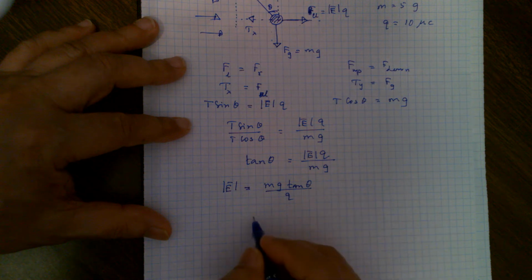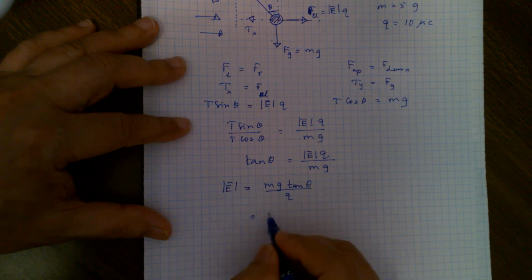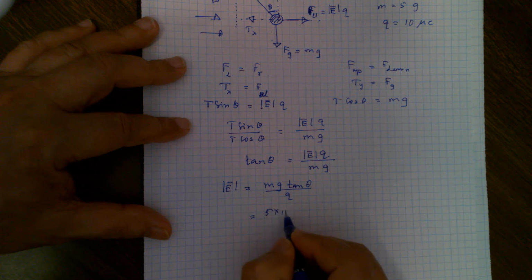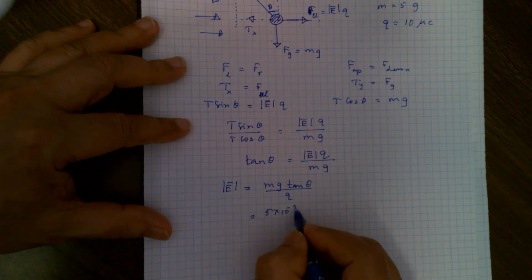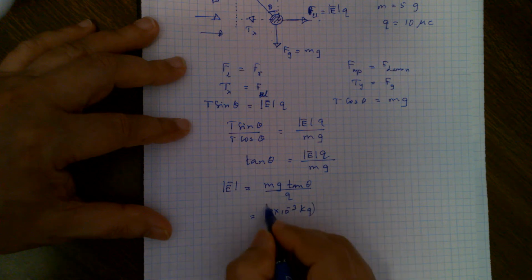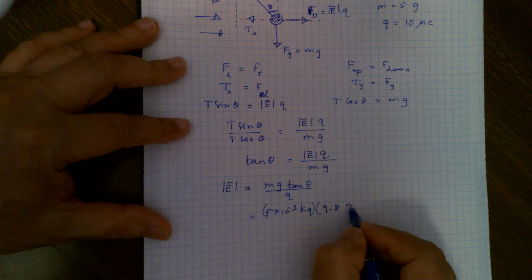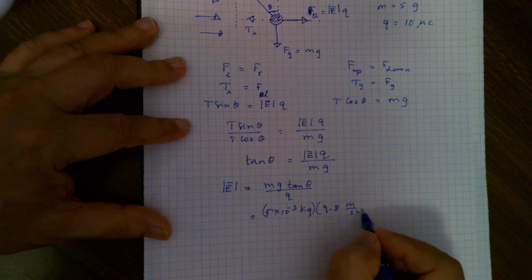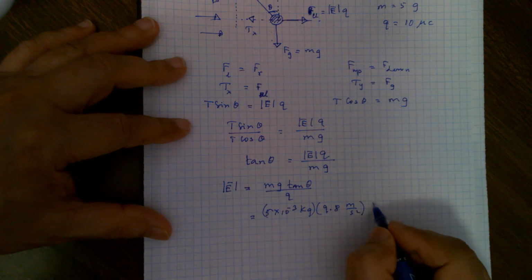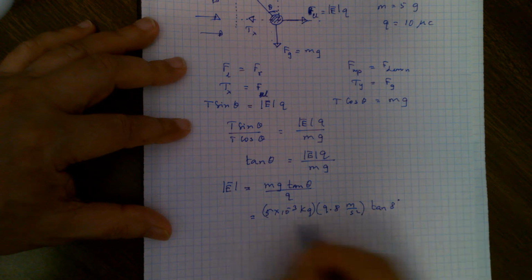So m is 5 times 10 to the power minus 3 kilogram, because in 1 kilogram there are 1000 grams, and g is 9.8 meters per second squared. Tangent theta has no units, just tangent 8 degrees.